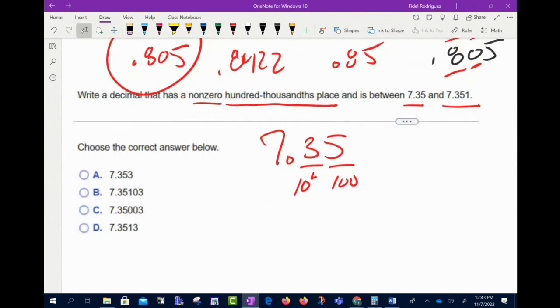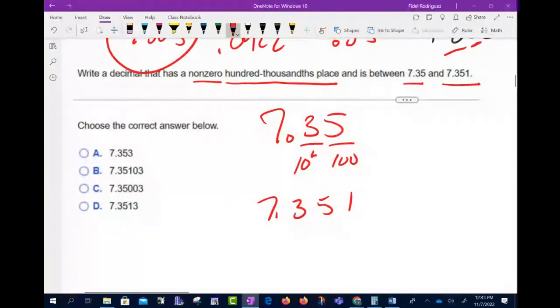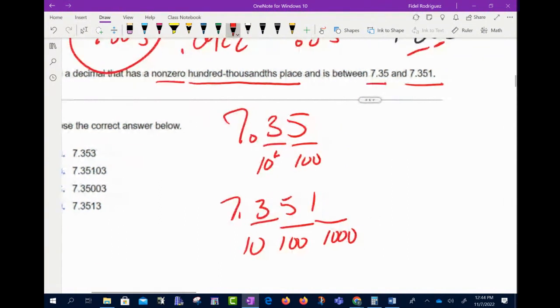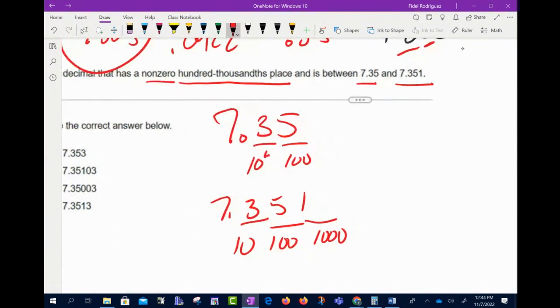And we want 7.35 or 7.351, okay? Again, this is tenths, that's hundredths, that's thousandths. We want something in the hundred thousandths place, okay? And we want a number between those two.